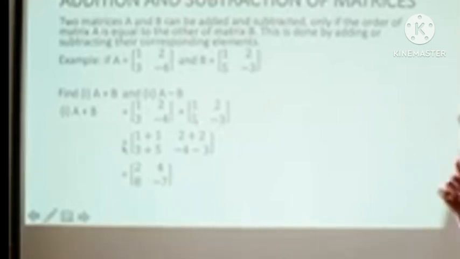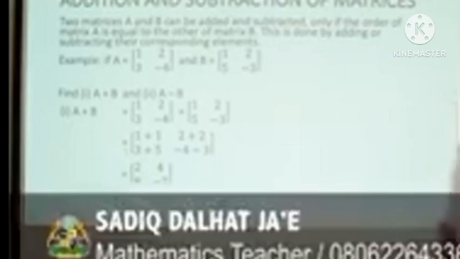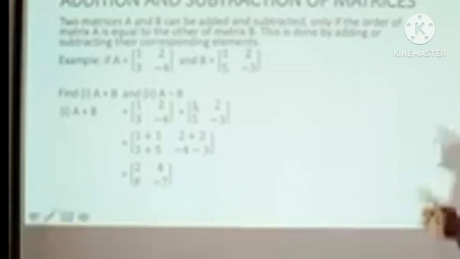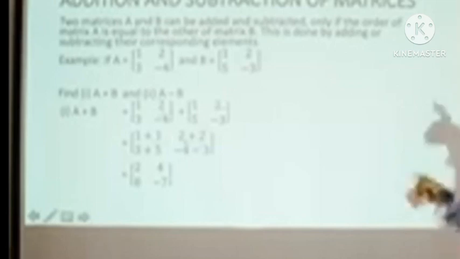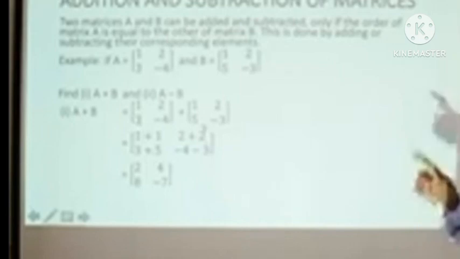Now, you can only do that by adding or subtracting their corresponding elements. That is, in metric A, the first element there is 1. So we have 1 plus 1. Then next is 2 plus 2. That is 2 in metric A plus 2 in metric B, corresponding elements. Next is 3 plus 5. Then minus 4 plus minus 3.